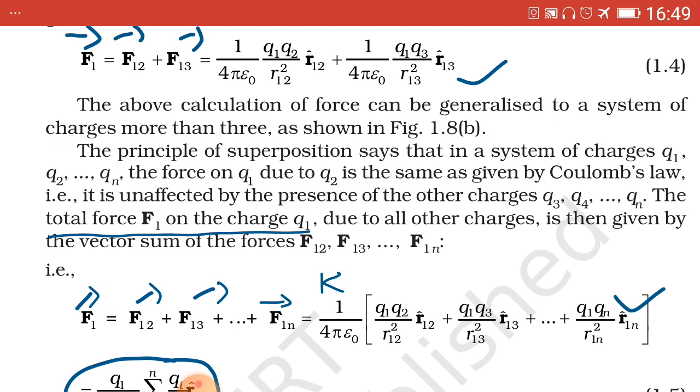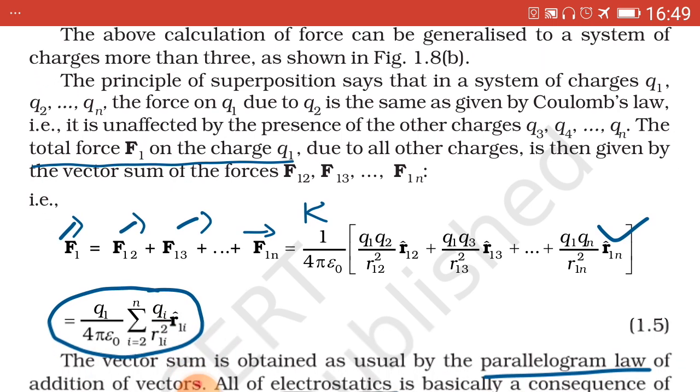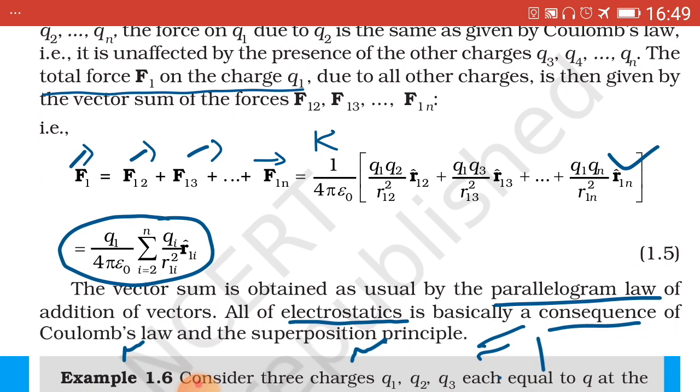we can say that the principle of superposition says that in a system of charges q1, q2 and so on up to qn, the total force F1, that is vector F1 on the charge q1 is given by vector F1 equal to vector F12 plus vector F13 plus vector F1n equal to 1 upon 4 pi epsilon 0, that is nothing but k, into square bracket.